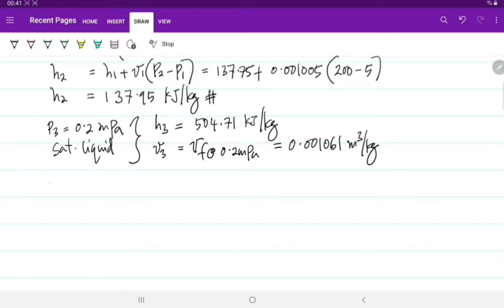Okay, and then we can use the relationship, not V4 but instead H4. H4 minus H3, which is work in second pump, equals V3 times P4 minus P3.